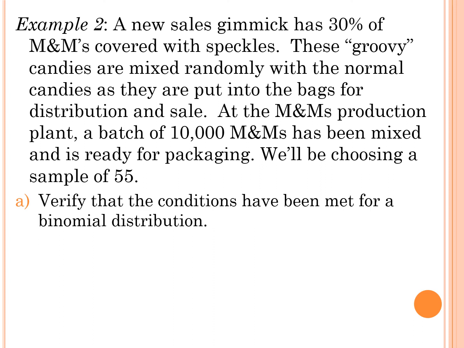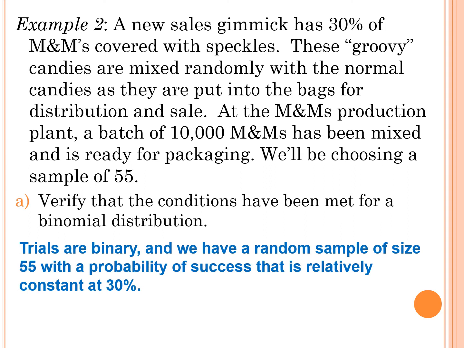Now, normally we would check BINS here, but the issue is that these are technically not independent and we don't really have a constant probability of success because when we choose an M&M, if we get a speckled one, that's changing the probability that the next one is speckled, because we have one less speckled one in the batch of 10,000. So I'm going to describe this differently. Trials are binary.